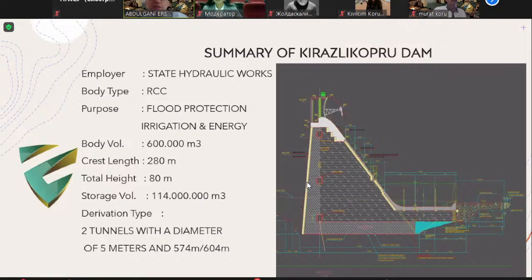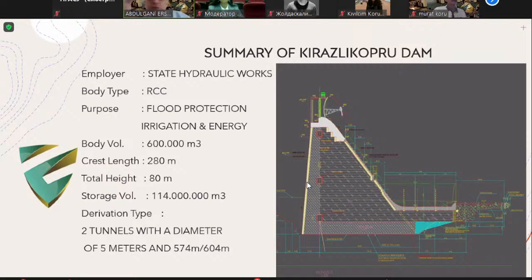So let's talk about our sample, Kirazlı Köprü Dam. The employer of the dam is the State Hydraulic Works. The body type of the dam is RCC, roller compacted concrete. Purpose: flood protection, irrigation, and energy. The body volume of the dam is about 600,000 cubic meters.